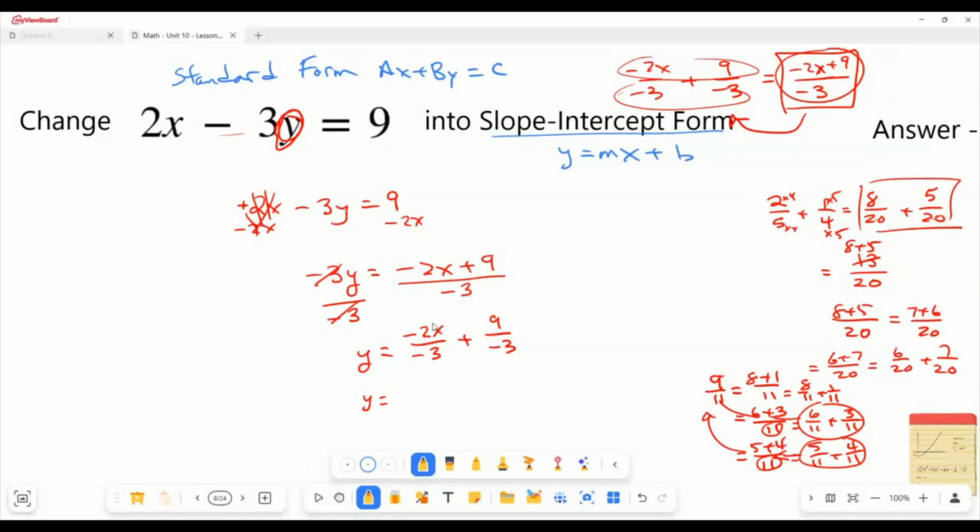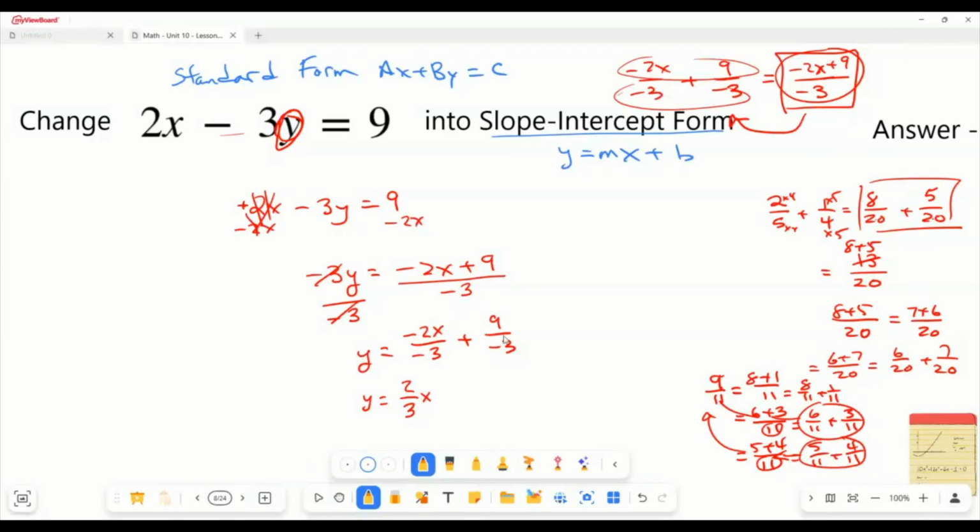We've talked about the fact that if I have negative 2x over a number, I can take that x and it can just jump right out here next to the fraction. So this is -2 over -3. Well, a negative divided by a negative is a positive. So this is 2/3, and the x jumps out here next to the fraction bar.